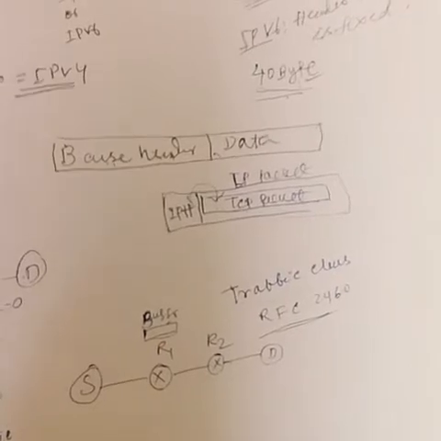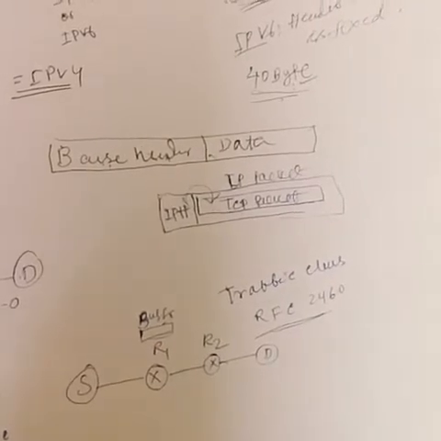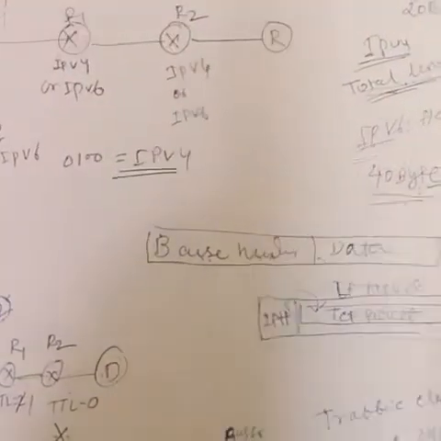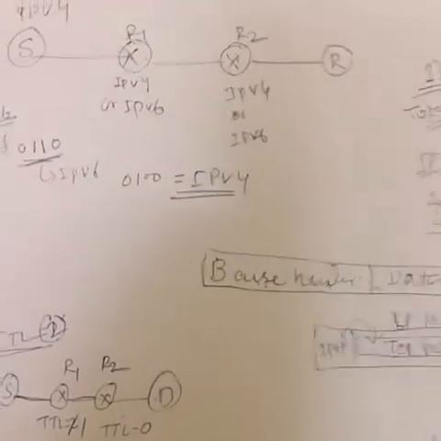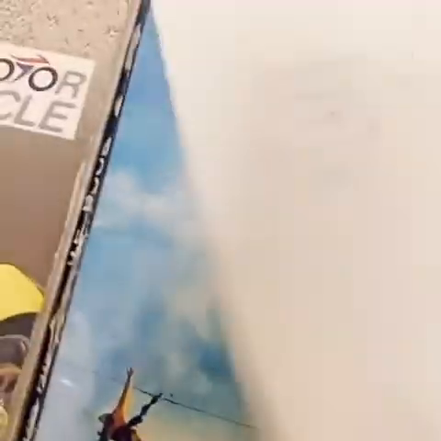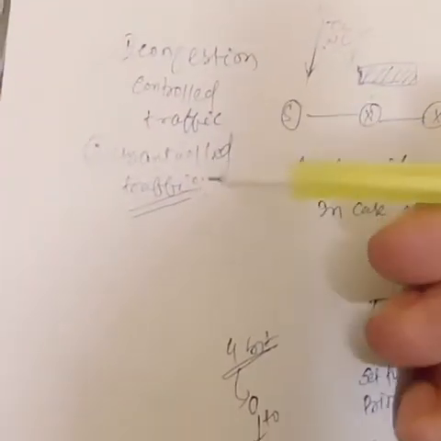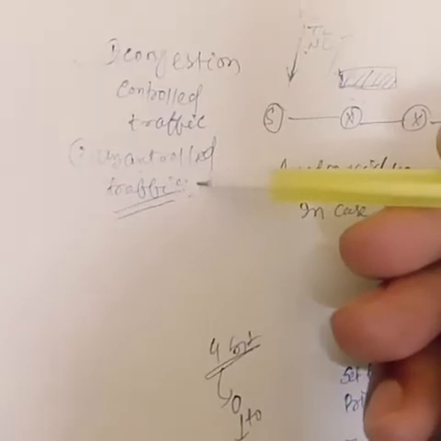We can divide the traffic into two types. One is congestion control traffic, another is uncontrolled traffic, right?